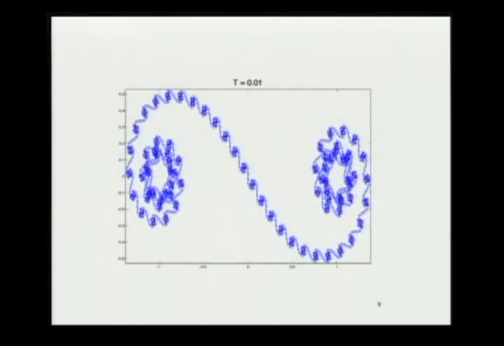Of course, if you go to a larger time, then the thing changes dramatically because the waves have the time to reach the boundary, say the full period, and they start to interact with each other, and then the dynamics is very different. It is this picture that you see here.